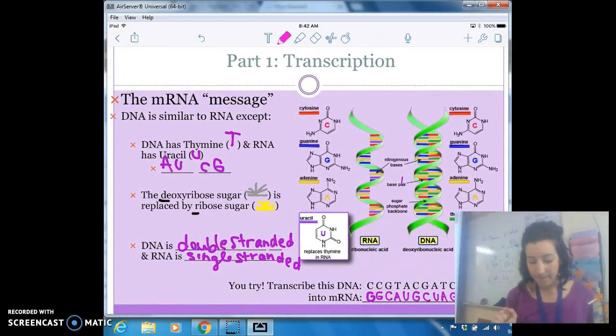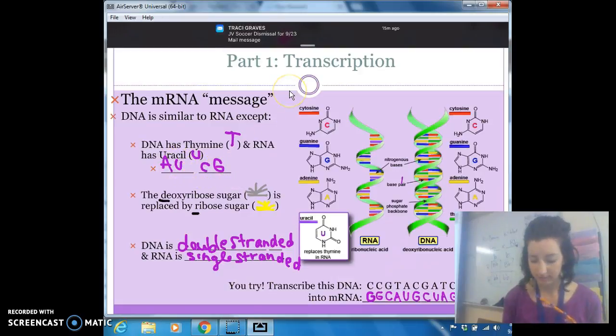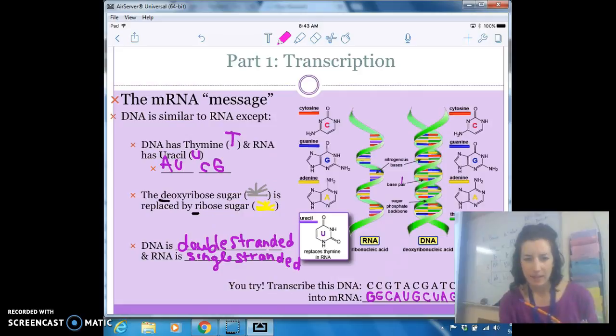Alright, the mRNA message is similar to DNA, except for 3 important things. 1, 2, 3. DNA has a T, thymine, and RNA has uracil. That's a U. So now we have A, U, C, G. Okay.